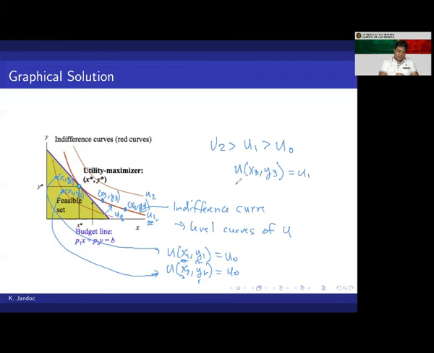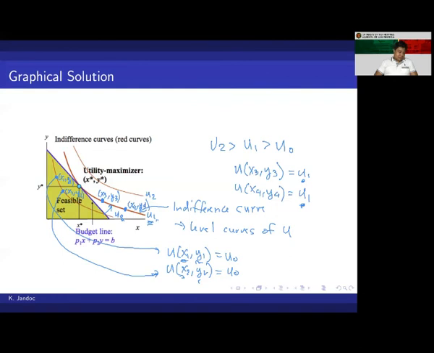The utility at x4, y4 would also give the utility U1. U1, U0, and U2 are just numbers. Since they give the same utility, the consumer is indifferent between this bundle and this bundle.